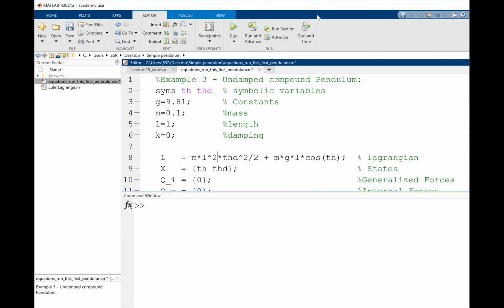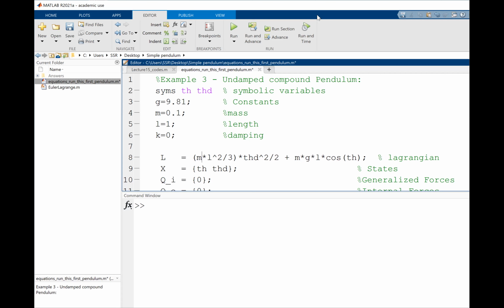Now I want you to look at the Lagrangian that we just derived and tell me what I should change in that Lagrangian. Can you see what I did?